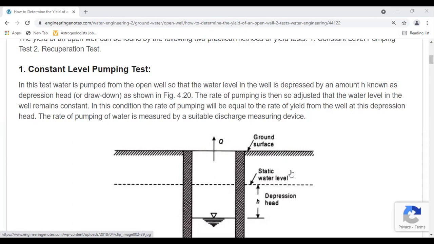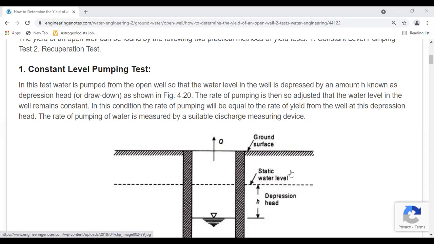The side walls of the open well are usually lined with stone masonry, and the water finds entry into the well only from the bottom. When the pumping is not taking place, the water level in the well is the same as the general water table level in the surroundings of the well.